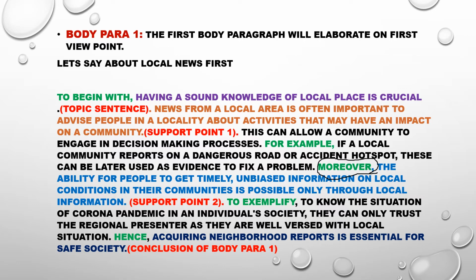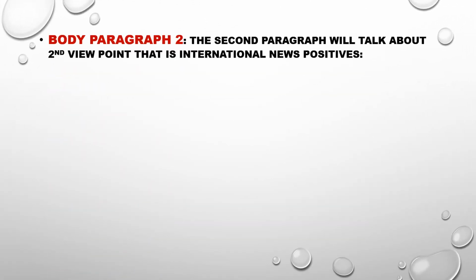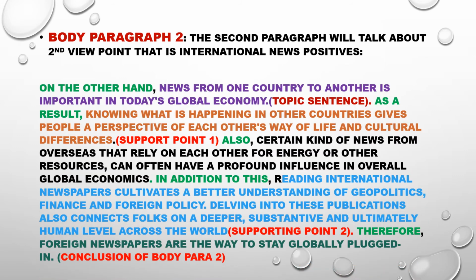Do not confuse yourself with everything or else you will get clumsy and you will produce grammatical errors in your sentences. So be clear on whatever you are writing. It is the same for your body paragraph too. Again, you will have one topic sentence, one supporting point, then the explanation, and then you have supporting point 2, and then the conclusion.